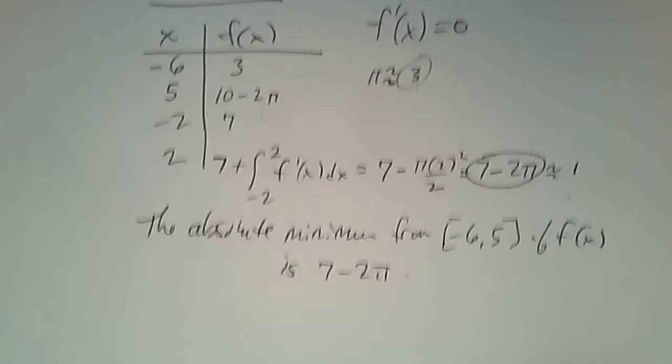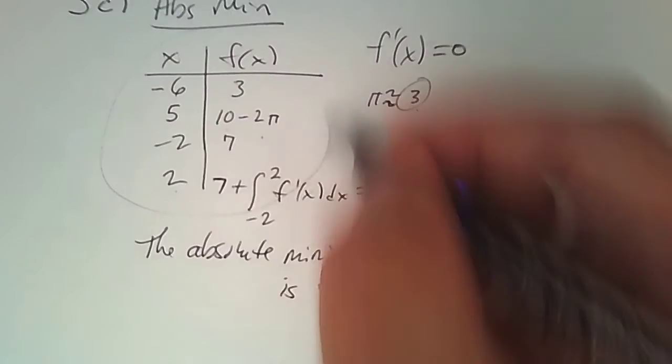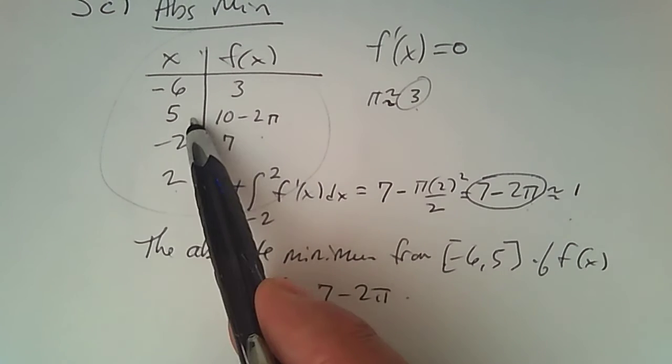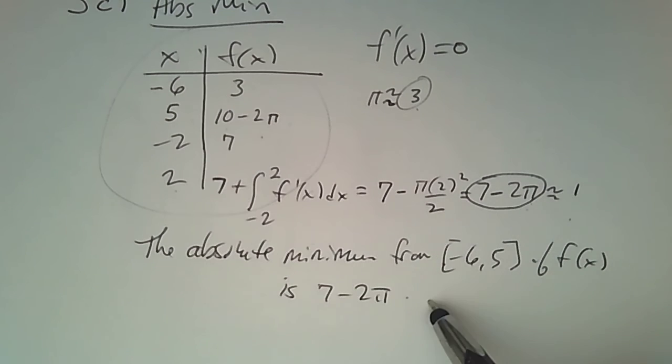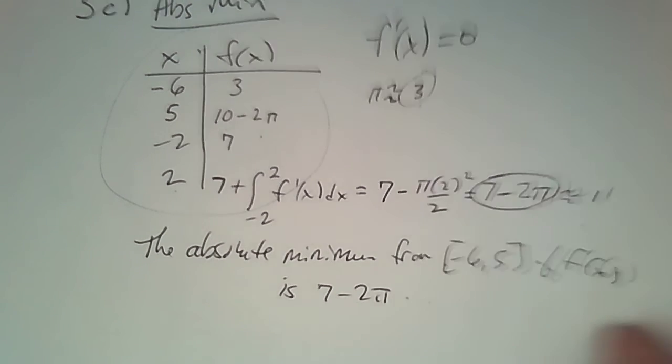And your justification is your table of values. In your table of values, you show that you did the endpoints and the critical numbers, and you solved for each one, and that's how you came up with your answer. There's not another explanation in words that you would need to put on top of that.